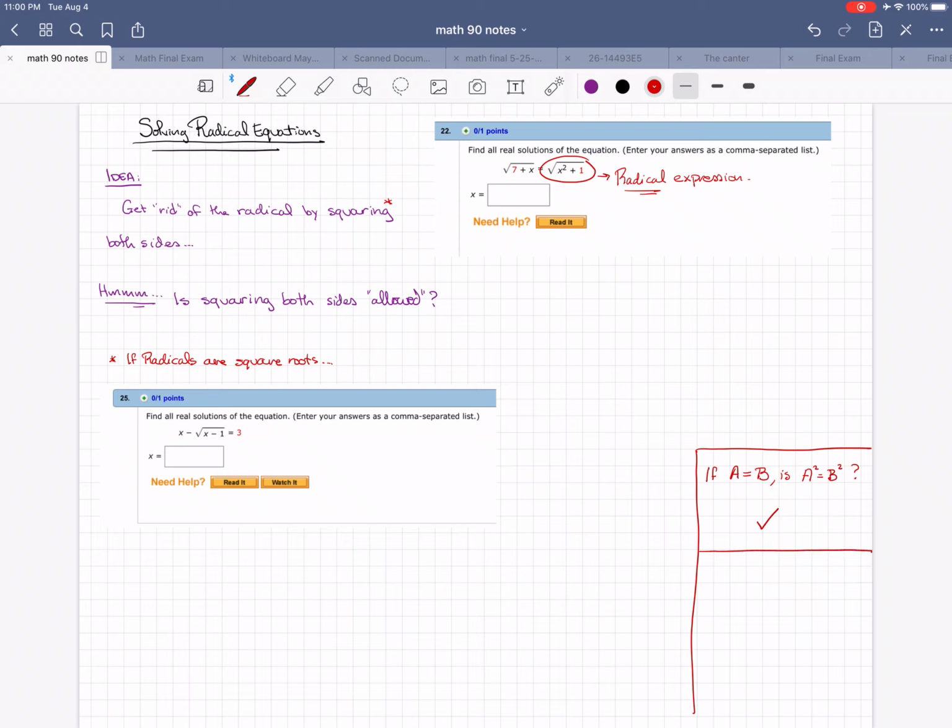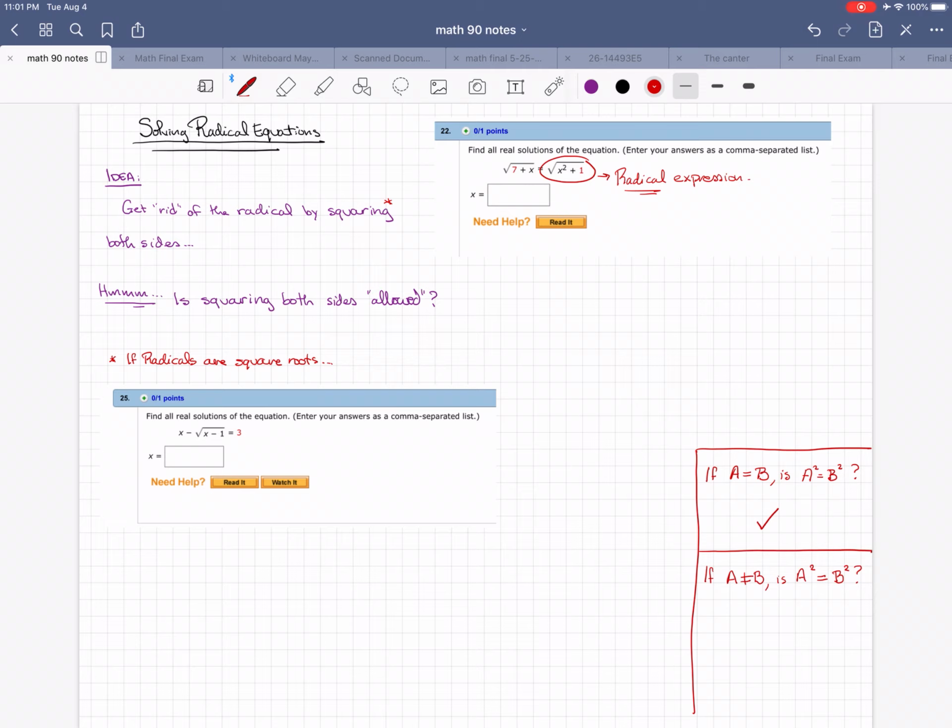But here is another side of that coin. If two things are not equal, is it possible that squaring both sides makes them equal? In other words, can you think of two numbers that are not the same number, but they have equal squares? I can't see your faces, but I'm hoping you're noodling on this right now.